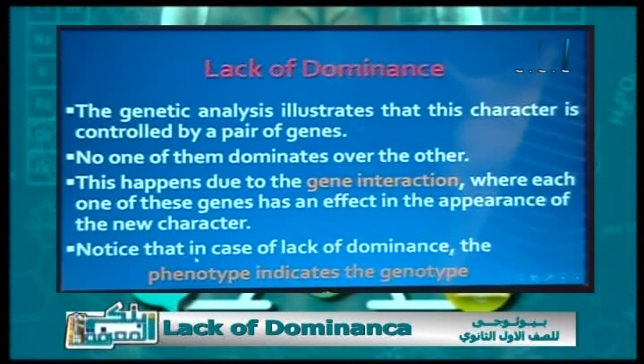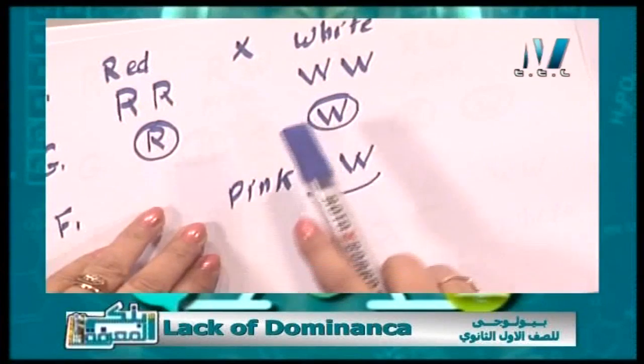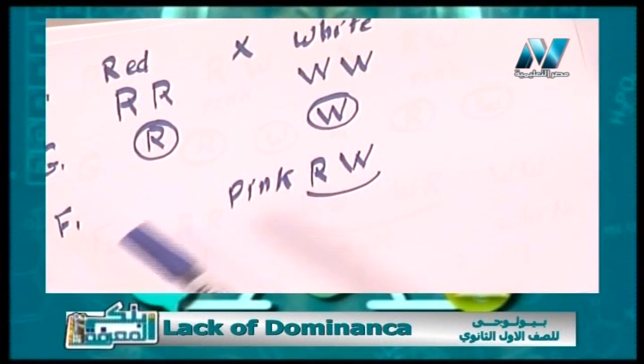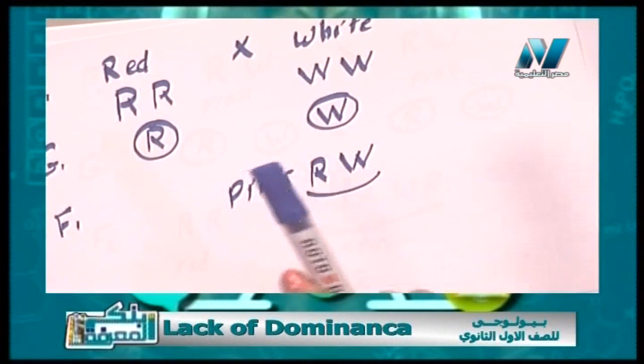Notice that in case of lack of dominance, the phenotype indicates the genotype. What does it mean? It means that when we say the red flowered plant, the red color should be RR, and the white color should be WW, and it cannot be anything else.